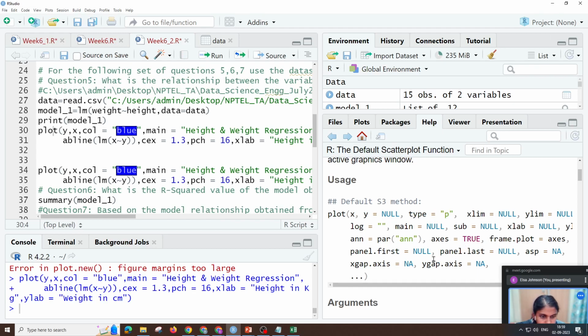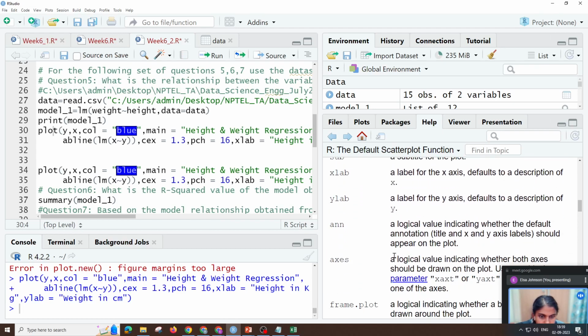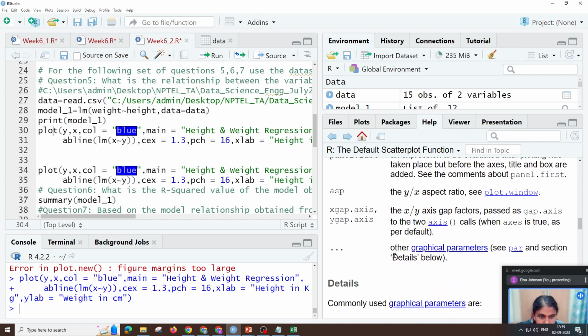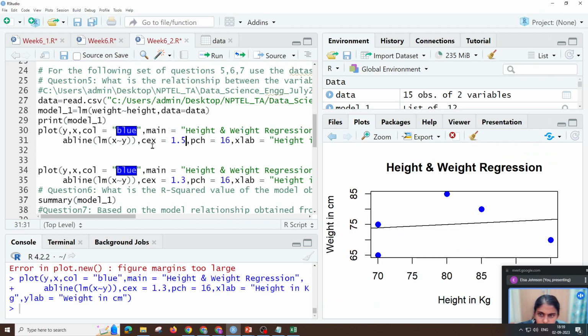These are the different parameters that you can get in a plot. In the arguments you can see these many different options.